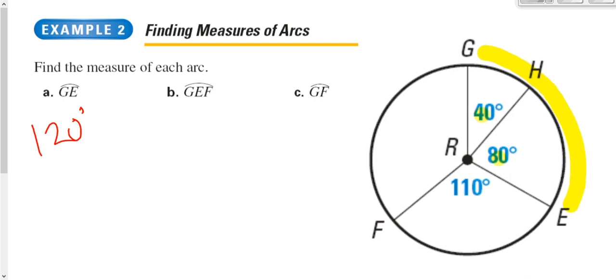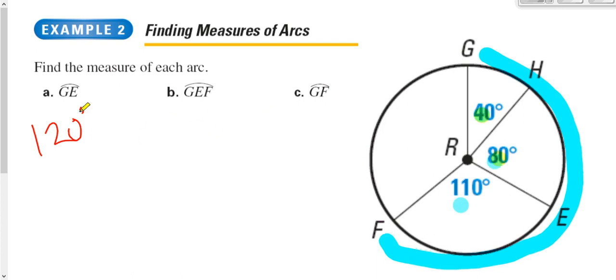Now for arc GEF, I'm going to follow those letters in the order that I see them, so I'm going to go G to E to F. I'm looking at this part. Now I need to include the 40 and 80, and now the 110. So take the answer that we had in A, and just tack on another 110 degrees, and you'll see that my answer comes out to be 230 degrees.